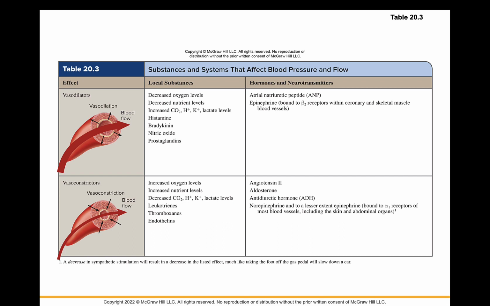We're also going to look at epinephrine, and remember that's going to bind to beta-2 receptors within coronary arteries and skeletal muscle and result in vasodilation. When we look at angiotensin II, aldosterone, and ADH, those are going to be vasoconstrictors. To a lesser degree, norepinephrine and epinephrine, when they bind to alpha-1 receptors, can actually result in vasoconstriction also.